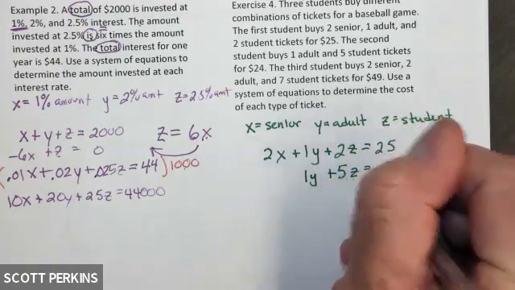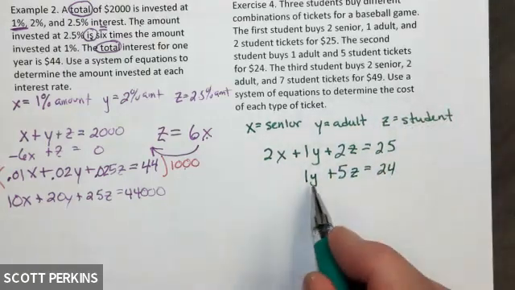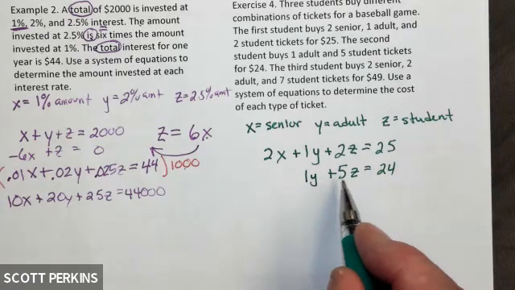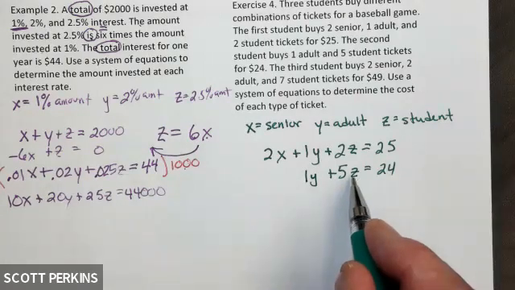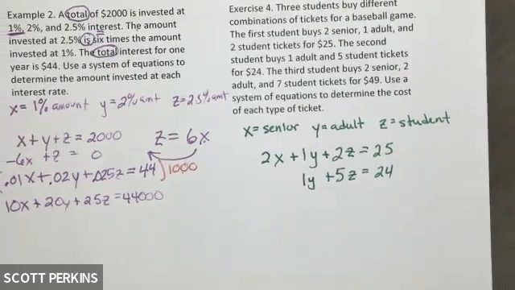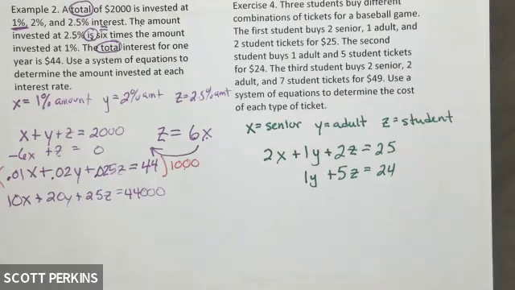Great. 1 times whatever variable you use for adults, plus 5 times whatever variable you use for students is equal to 24. Fantastic. So again, be thinking ahead. Here's the last equation. The third student buys 2 senior, 2 adult, 7 students for 49. Okay, so somebody else give me that equation.